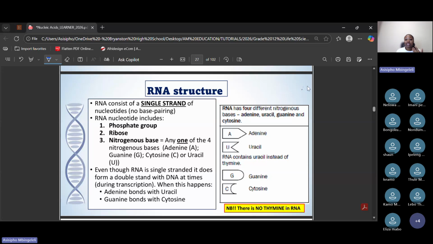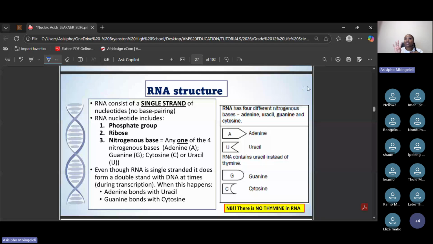Then we said in DNA, there are 4 bases, A, T, C, G, adenine, thymine, guanine, cytosine, in no particular order. Then we said in an RNA strand, there are 4 bases. The same bases would be A, C, G, but in RNA, we do not have the thymine base.